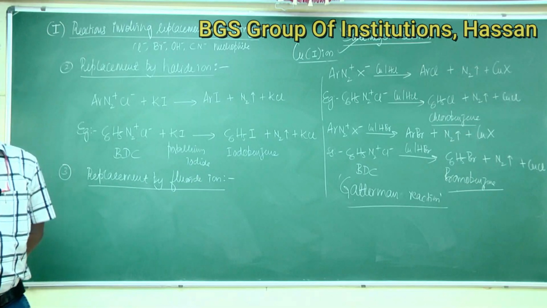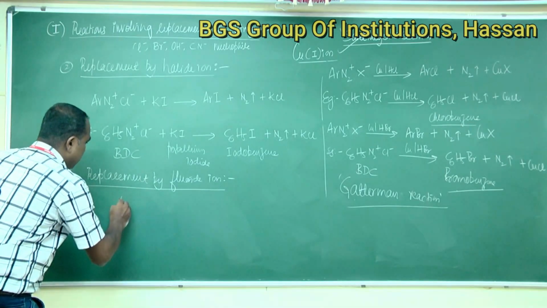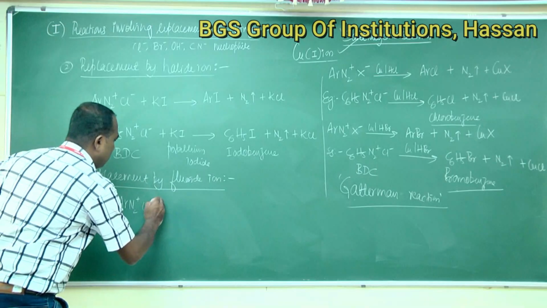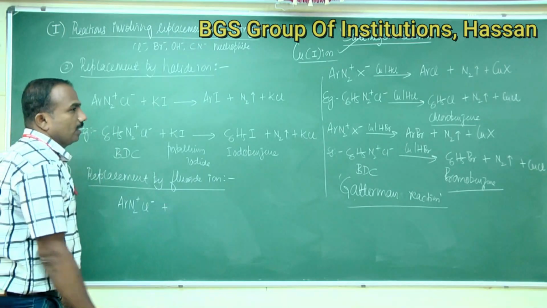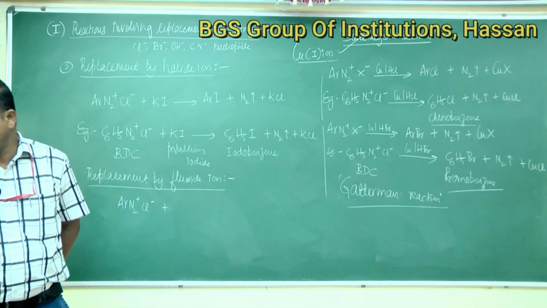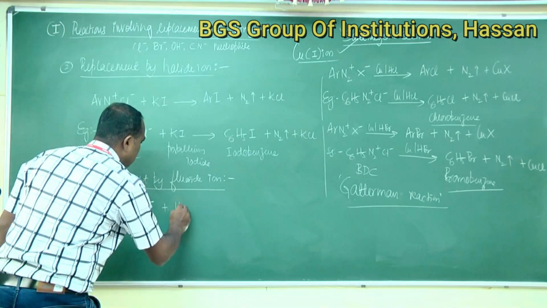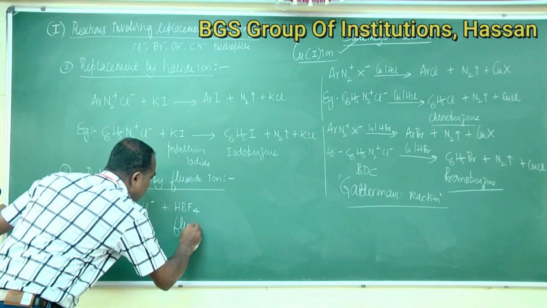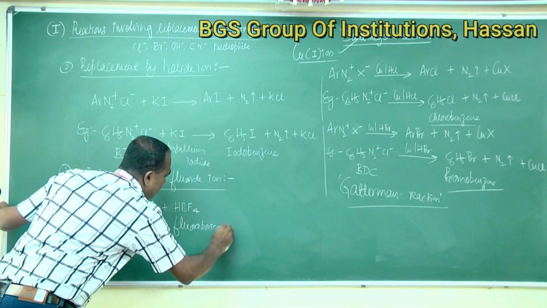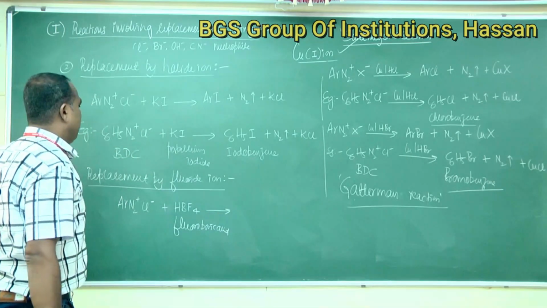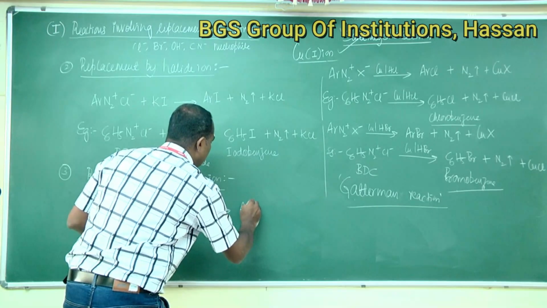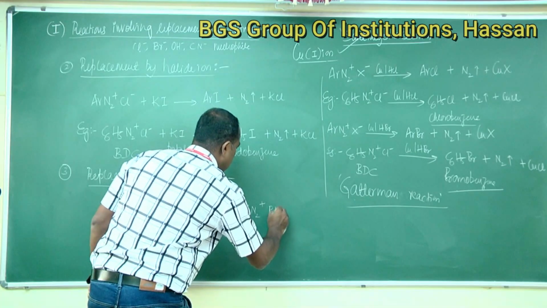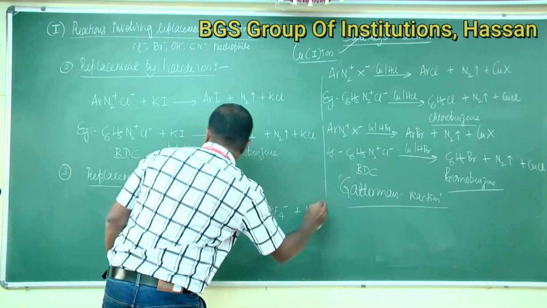Aromatic diazonium salts, ArN2+Cl⁻, aromatic diazonium chloride, react with HBF4, fluoroboric acid, to form the product ArN2+BF4⁻, H combining with Cl.